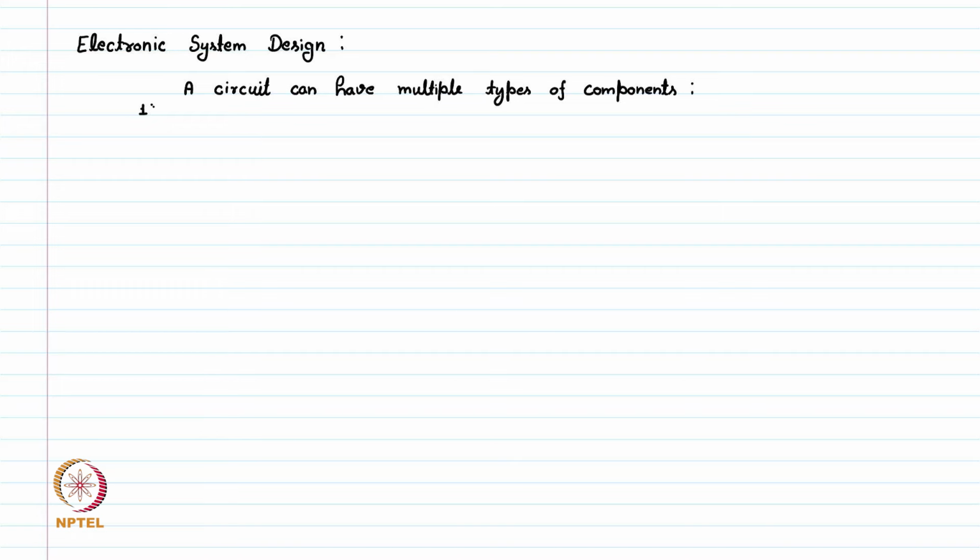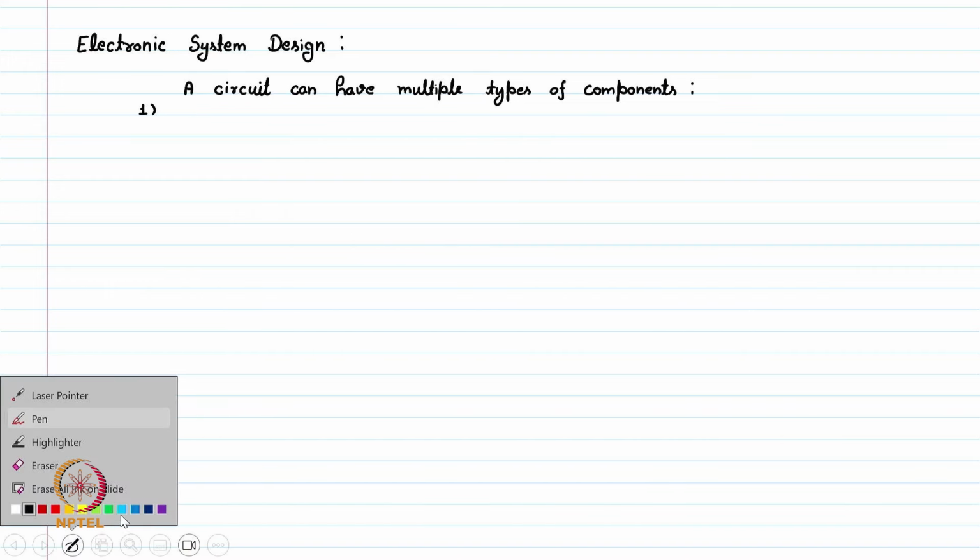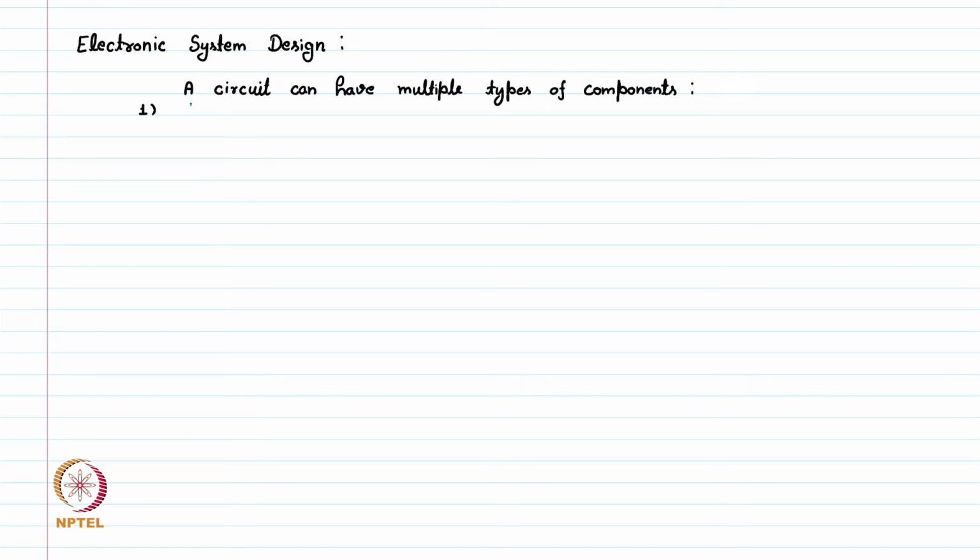For example, it may have R, L and C. It may have diodes and transistors. It may have integrated circuits.